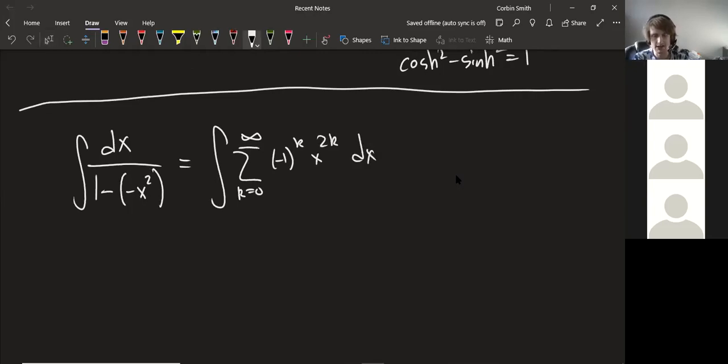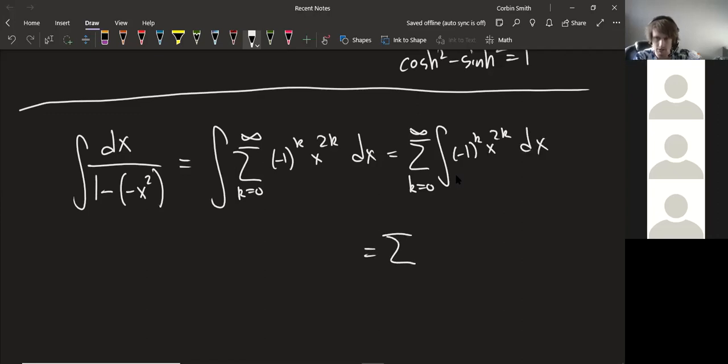So arctan has the nice convergence properties that let us flip the summation and the integral. So we're integrating minus 1 to the k x to the 2k dx. So this is equal to the sum from k equals 0 to infinity of minus 1 to the k x to the 2k plus 1 divided by 2k plus 1. And then we have a plus c.